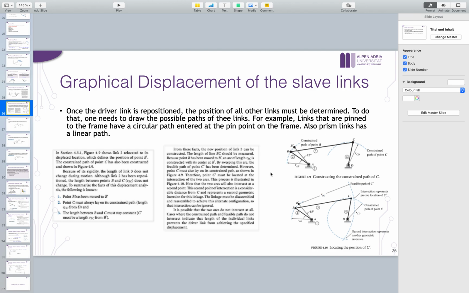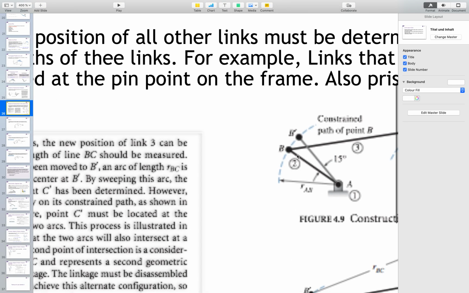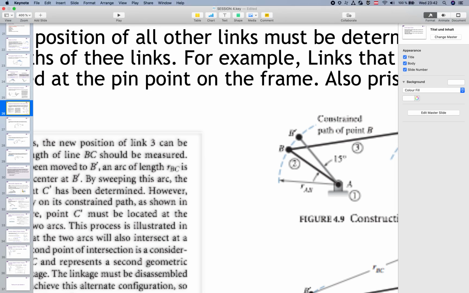So here we need to do displacement analysis. What we know is, for example, that the angle between these two is 15 degrees. We also know, as we see, the distance between A and B.